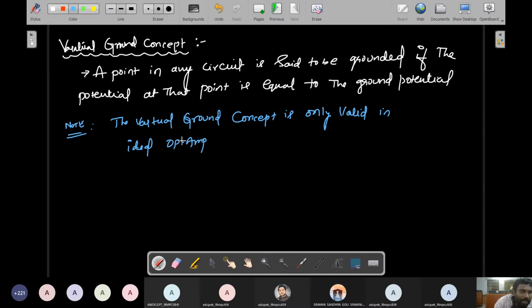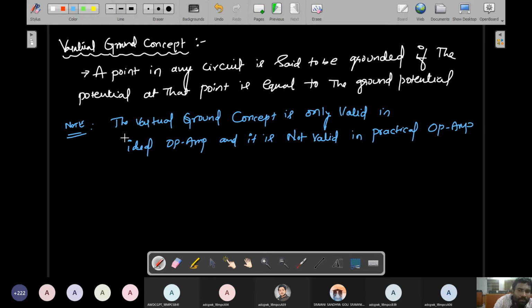Ideal op-amp means ideal operational amplifier, and it is not valid in practical op-amps.